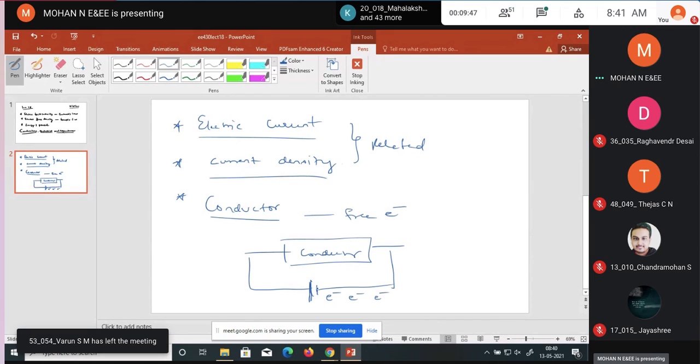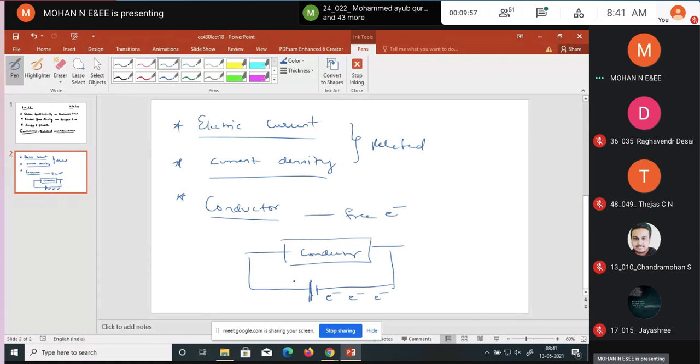But what we have studied so far is that current will flow from higher potential to low potential. So we have assumed that this is a higher potential, this is a lower potential. This is the basic assumption we have made, but the actual electron flow takes place from this point to that point. The free electrons move readily under the influence of some external force, but we have to create a field.